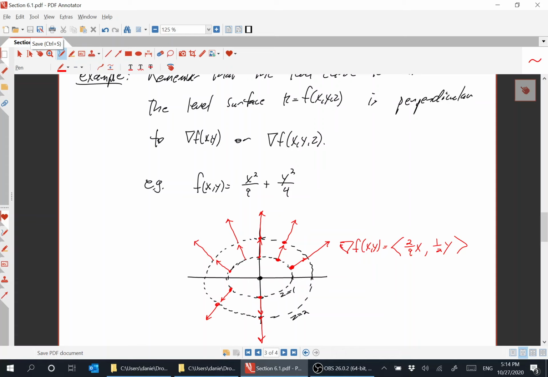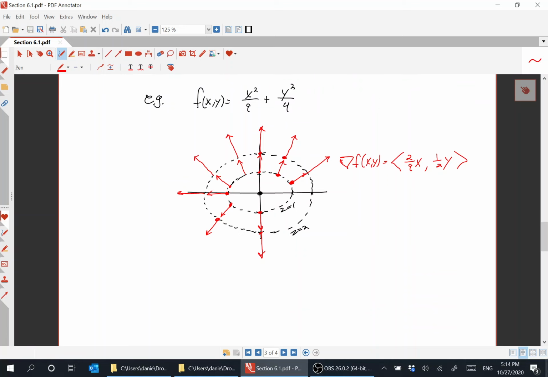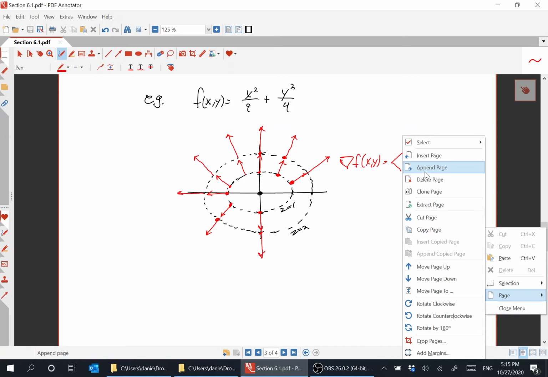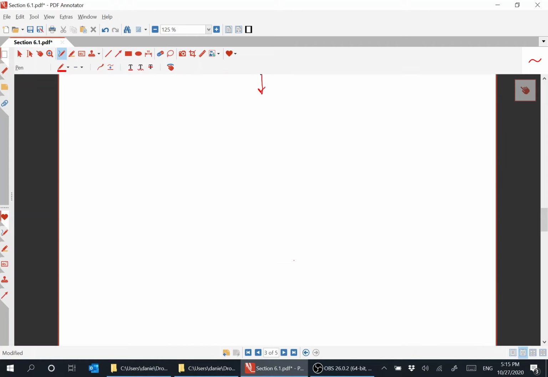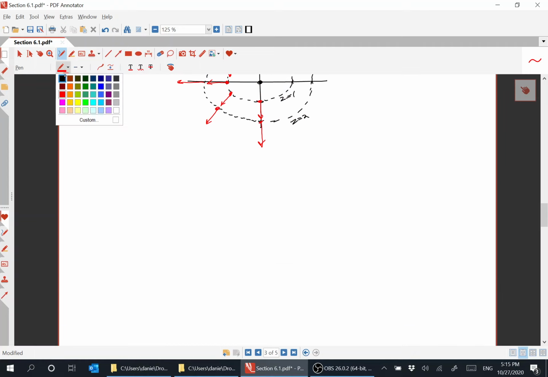Now, gradient vector fields are going to be important later in Chapter 6, as you'll see. So, having a way to verify if a given vector field, without any mention of a potential function, actually is a gradient field, it would be helpful to have a method for doing that, for detecting that.